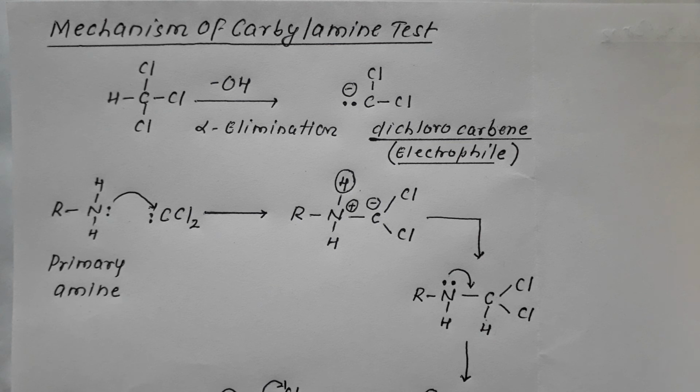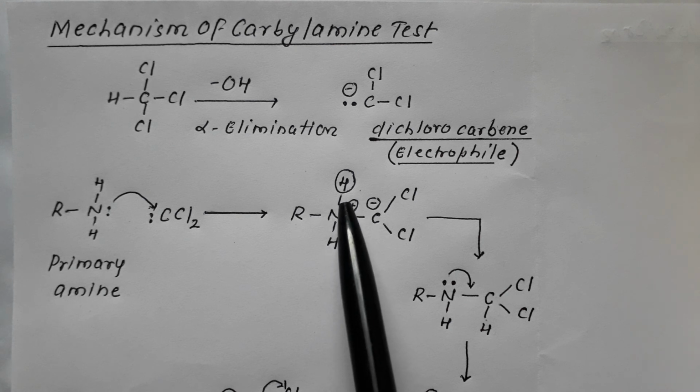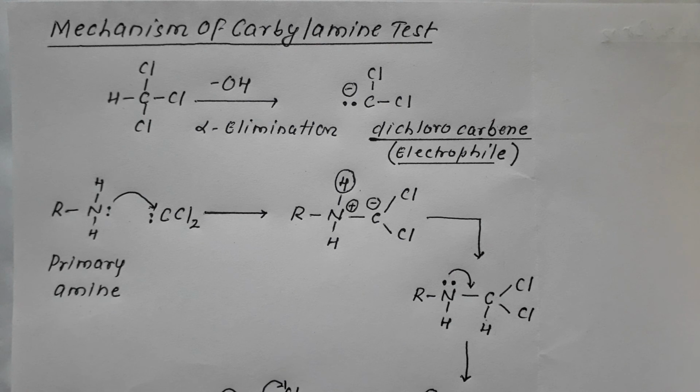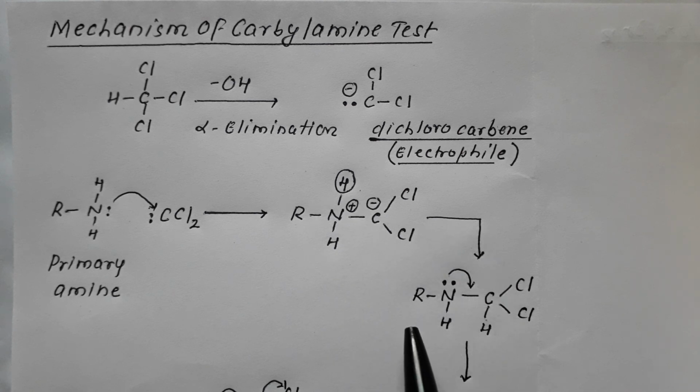then loses one of its hydrogens. When this hydrogen goes, the shared pair between hydrogen and nitrogen is taken by nitrogen. So this nitrogen gets a lone pair. The hydrogen goes and a lone pair comes, resulting in formation of RNH, nitrogen having a lone pair, CHCl2.